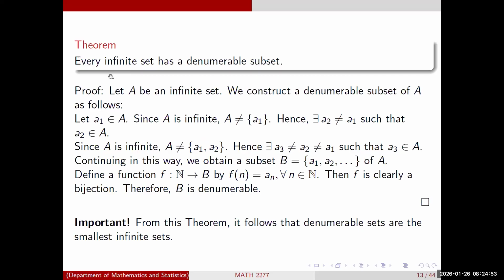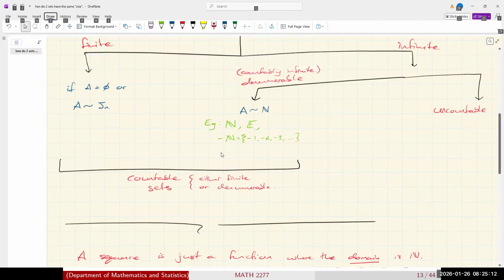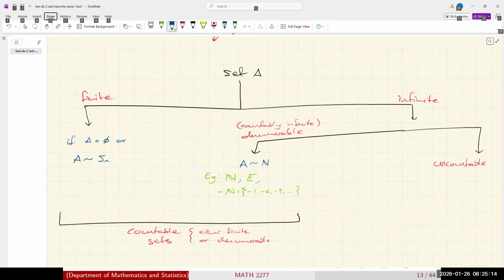So the first main result now is that every infinite set has inside of it a denumerable set. We are trying to classify the different sizes of infinities. We know that a set could either be finite or infinite. Let me go back to this little chart I have here. We know that a set is either finite or infinite.